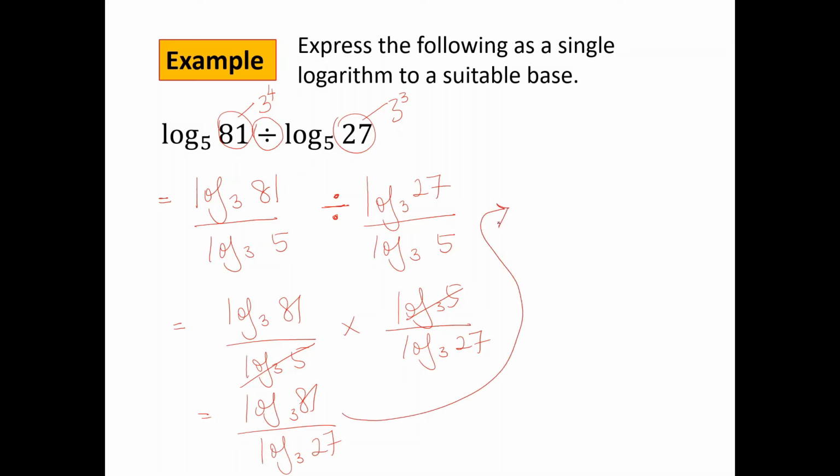Continue the solution here. Okay, we know that now log 81 base 3 over log 27 base 3. Okay, so 81 is 3 to the power of 4. So this one will be log 3 to the power of 4 base 3 over log 27, which is 3 to the power of 3, base 3.